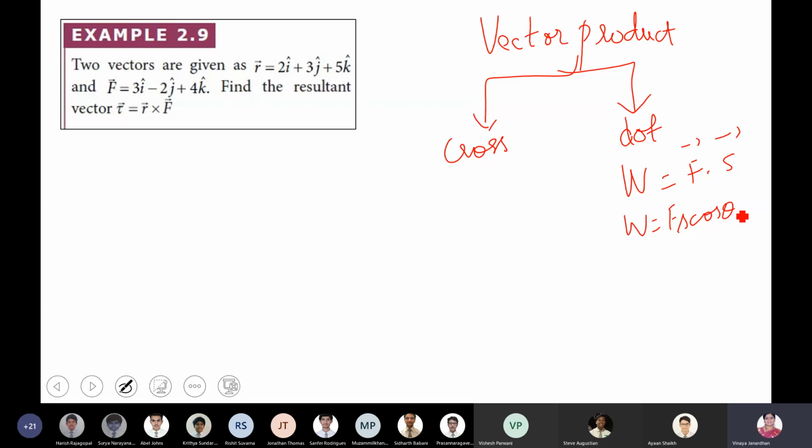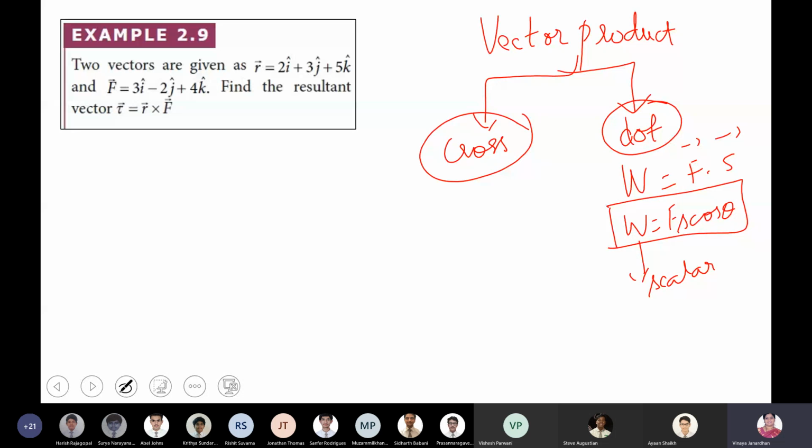Now here, the final quantity W, that is the work done, is a scalar. You have two vectors. The dot product of two vectors is a scalar that comes under scalar product. Now this is cross product. Under cross product, A vector cross B vector is equal to C vector.